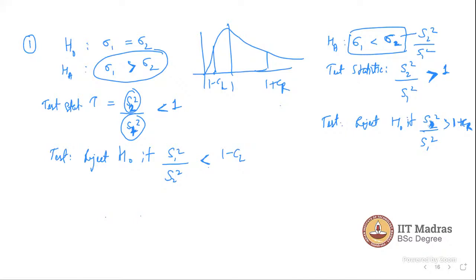Okay, so let me share this screen here. The problem says an ITM instructor conducts 2 live sessions for 2 different classes, call them A and B. Section A had 25 students and section B had 36 students.